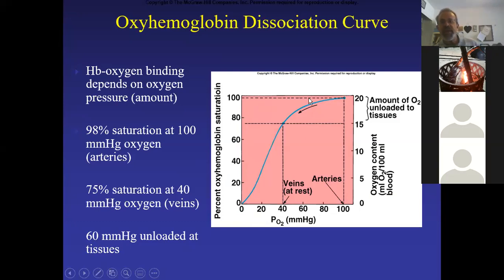And as you can see right here at 100, which is what we would find normally in our blood, there's about 98% saturation. So if you take one of those little sensors that clip onto your finger, an oxygen sensor, it reads like 96, 97, whatever. That's measuring your hemoglobin saturation, and you want that high.